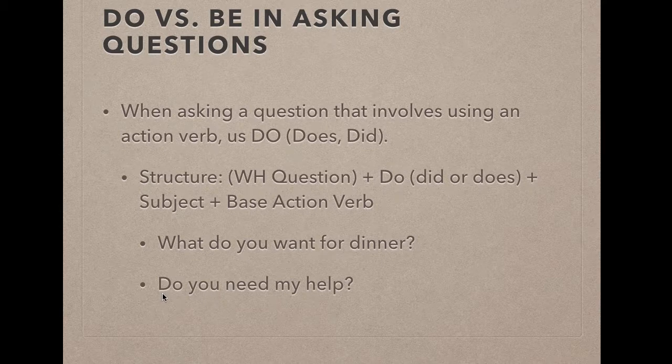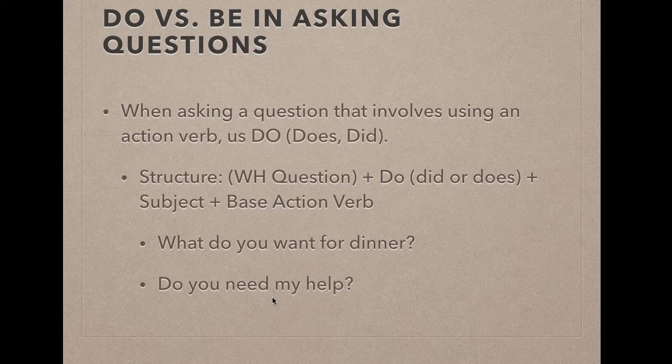Down here, I'm not going to ask a WH question. I can just say, do you need my help? What is our main action verb here in the base form? Need, right? So here we have do, plus the subject. The subject is you, see that? Plus the base action verb, which is need.